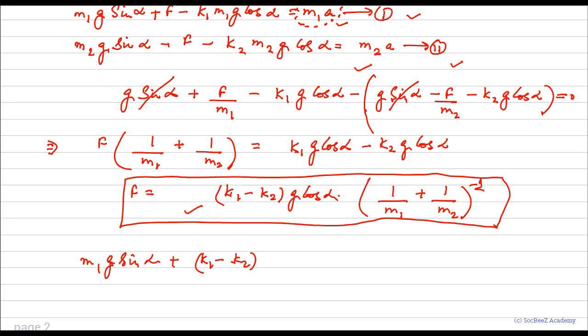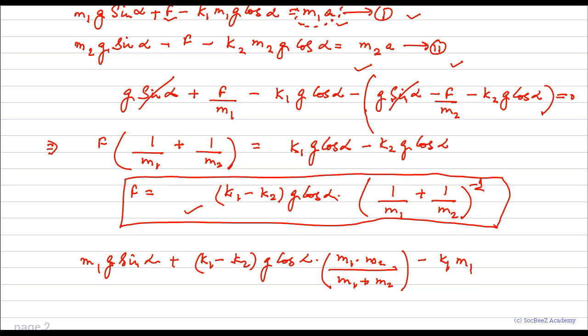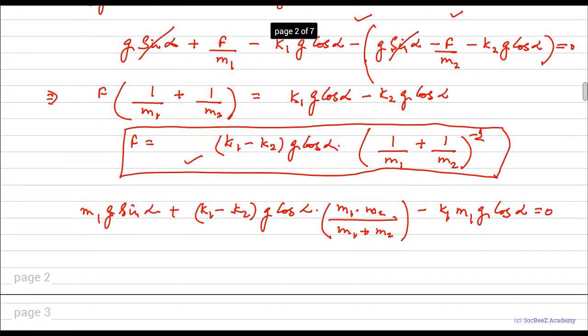Okay, I'm simply replacing f here. Okay, into g cos of alpha into m1 into m2 by m1 plus m2 minus k1 m1g cos of alpha equal to 0. Okay, so this is my expression.